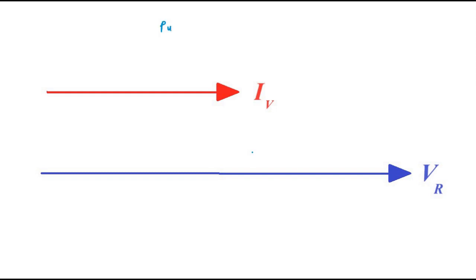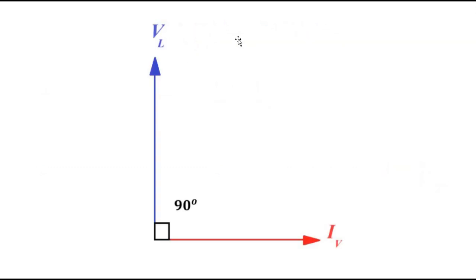Now, for a purely inductive circuit, the current lags behind the voltage by pi by 2 radian or 90 degree.